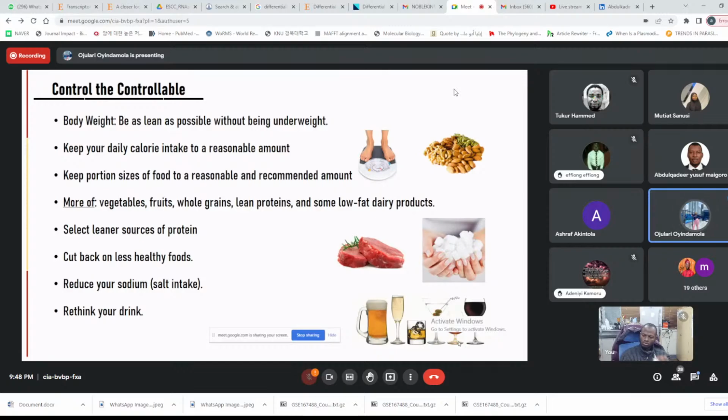Another thing is, when it comes to protein, of course everyone likes meat, everyone likes to eat chicken, and things like that. How do we eat them? How can we make our sources of protein leaner? Leaner in the sense that when we say something is lean, it means that it contains less fat than it usually should.